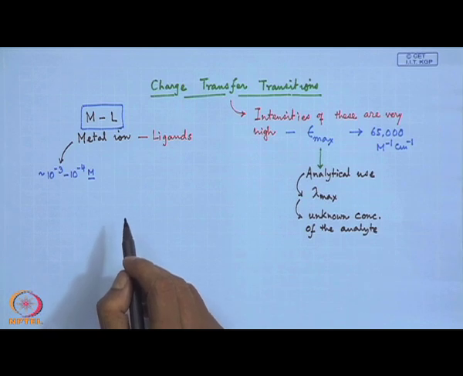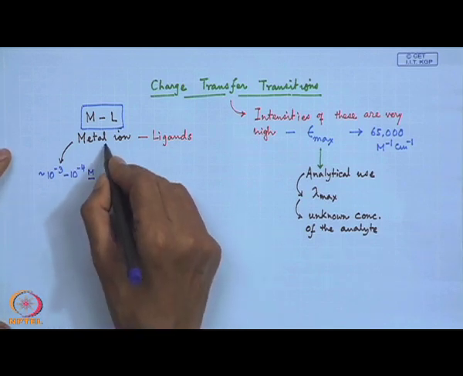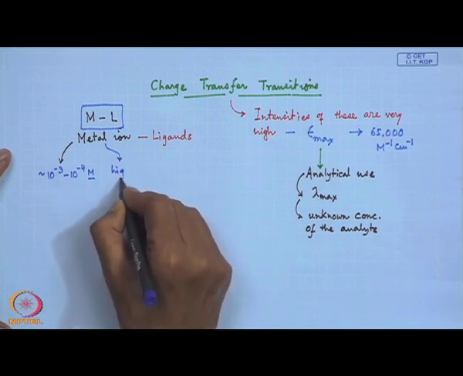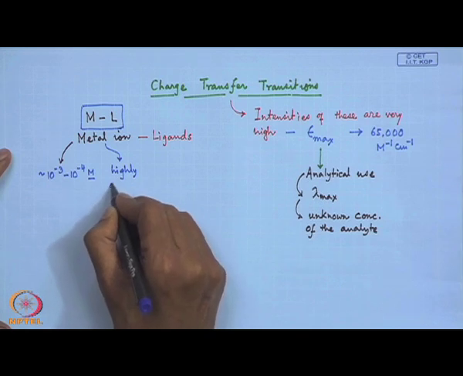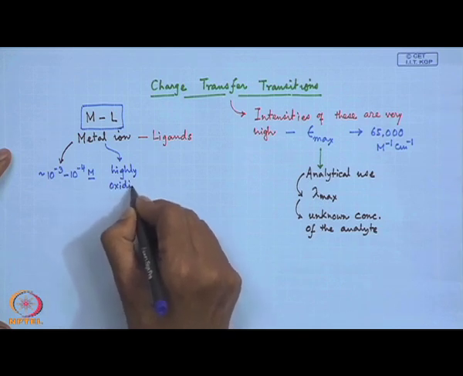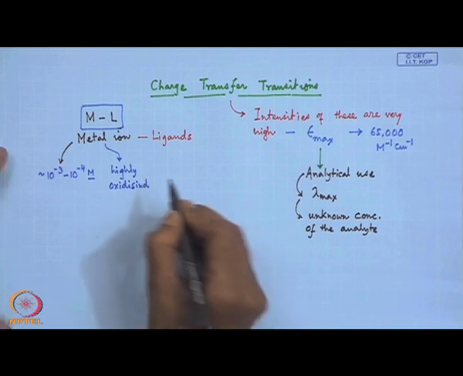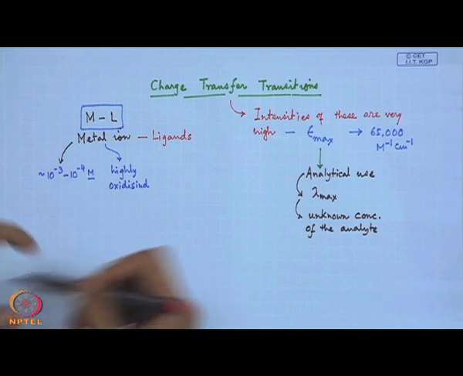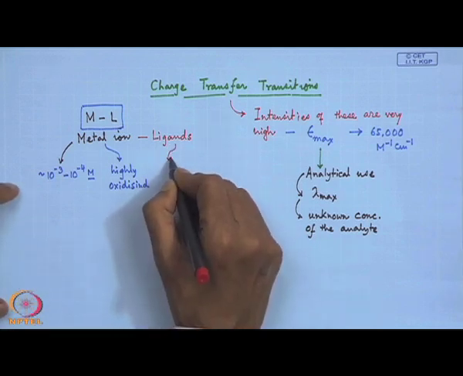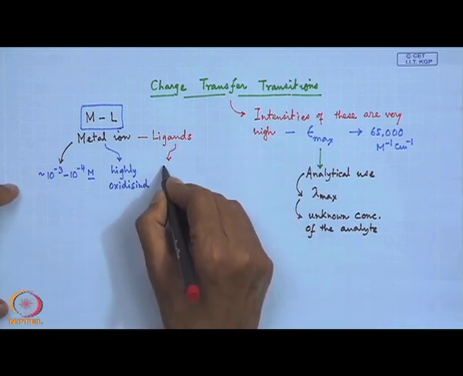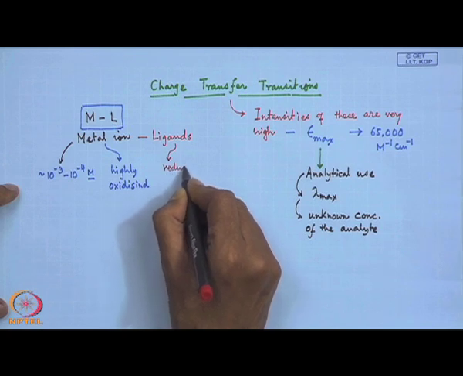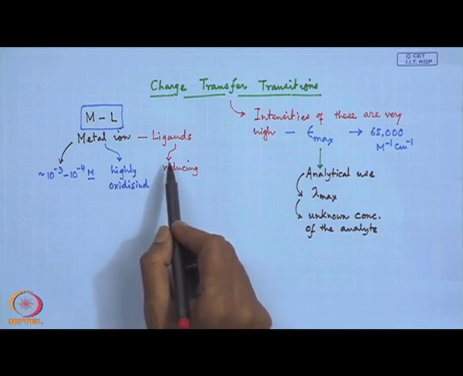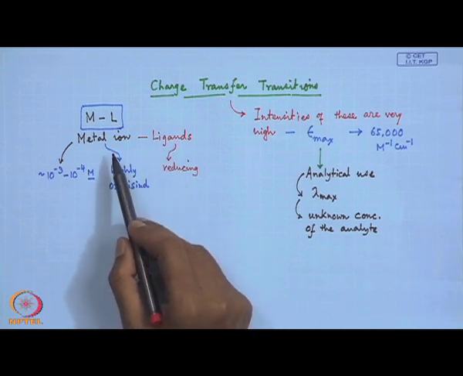where we have this particular species, that means the metal is bound to the ligand system, and the metal ion is highly oxidizing, and the ligands attached to this metal ion are of different type, that means they are reducing in nature. That means the electron density is basically pushed from the ligand to the metal ion.